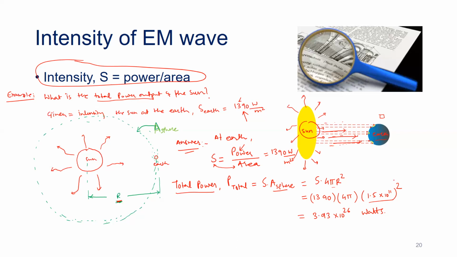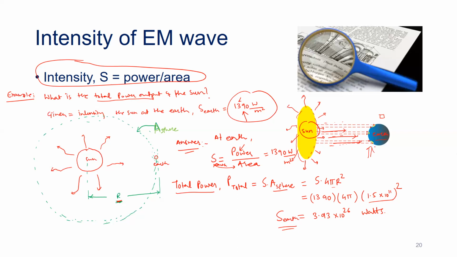We know the intensity of the sun at the earth's surface, which is this number. But what about the intensity of the waves at the sun's surface? That was S earth.